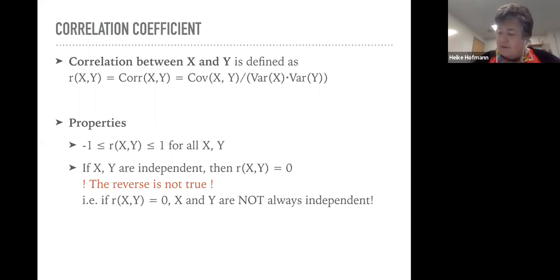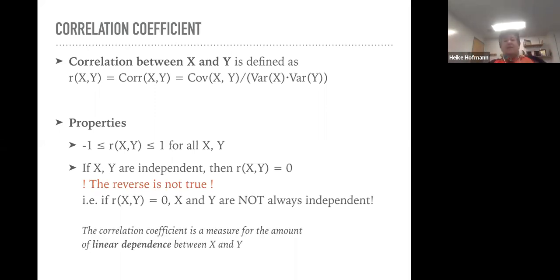The reason for that is the correlation coefficient is measuring the amount of linear dependence between X and Y. So it might be that we're in a case where the linear dependence is actually 0, but there might be some other dependency, some functional dependency between X and Y that the correlation coefficient is not able to identify.